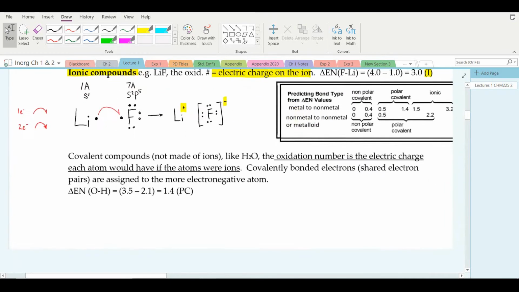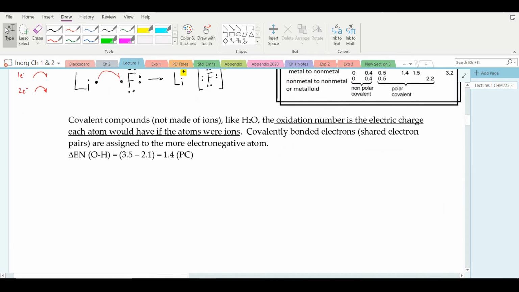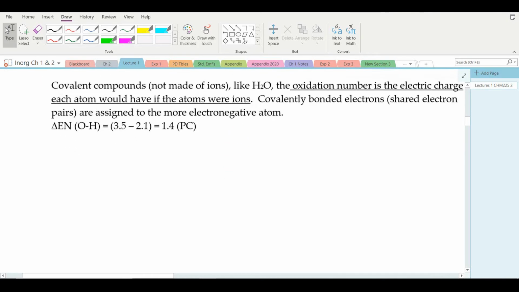But you say, well, what happens in covalent compounds? Covalent compounds are not made of ions. Well, let's take water as an example. The oxidation number is the electric charge that each atom would have if the atom were made of ions. Let's draw the Lewis structure of water, and I'll explain what I mean by that.